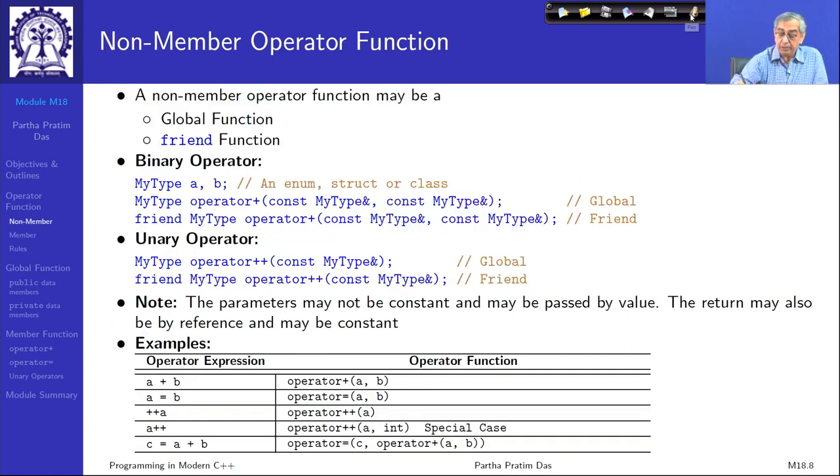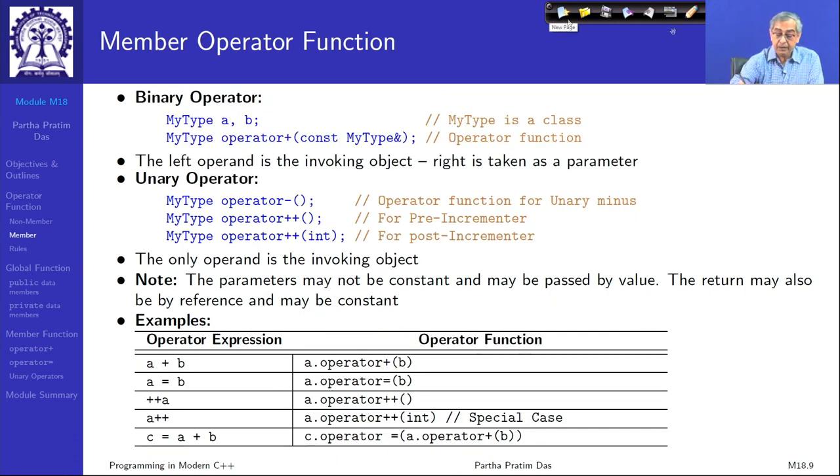See, this was about the global ones. You can see all of them were having two or one operands, and these are global calls, not with respect to any particular object. But when you have that, as in here, I am saying that this is my operator defined in this class, then I have the left operand coming as the object on which the operator is invoked, and the right operand being taken as an actual argument.